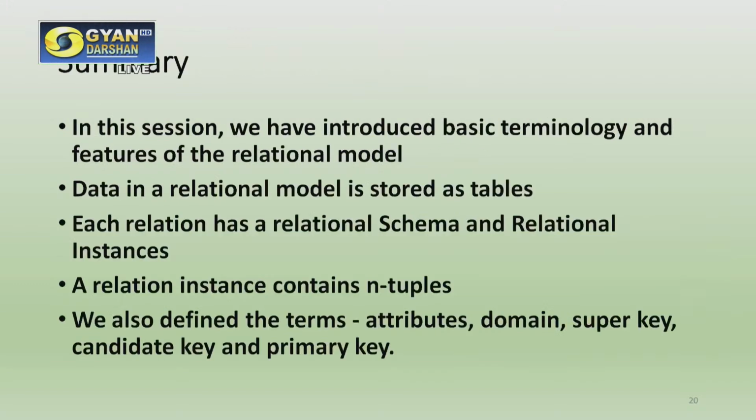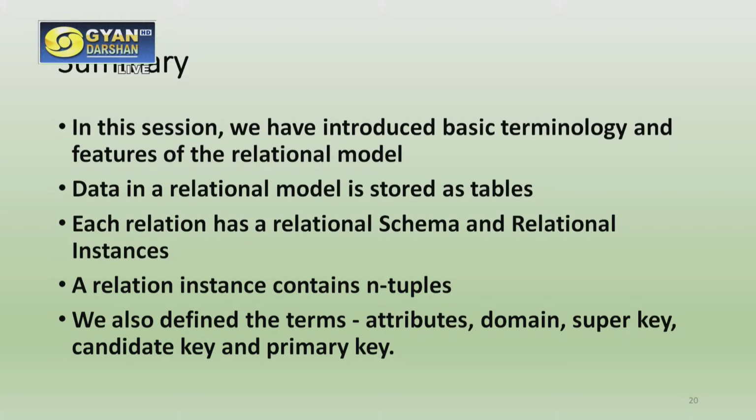In summary, what we have covered so far is that we have introduced the basic terminology and features of the relational model. Data in the relational model is stored as tables, which are also called relations. Each relation has a relational schema and a relational instance.